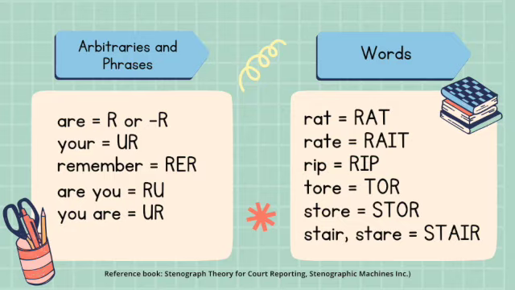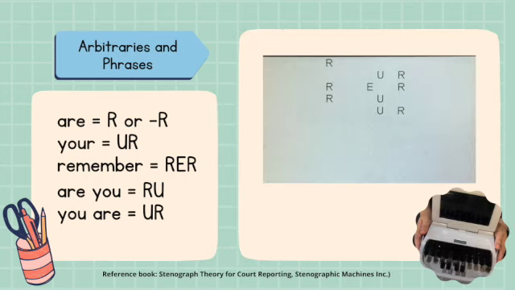These are the words, arbitraries, and phrases for lesson 6, an application using initial R and final R. For the arbitraries and phrases, you have the word R. Its stroke is initial R or final R. On the right side you have the stenograph notes.